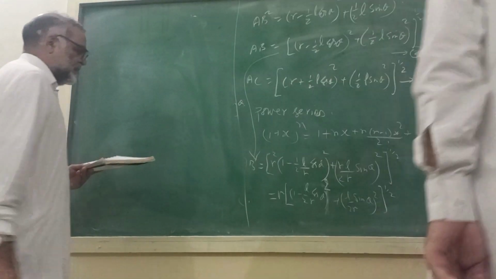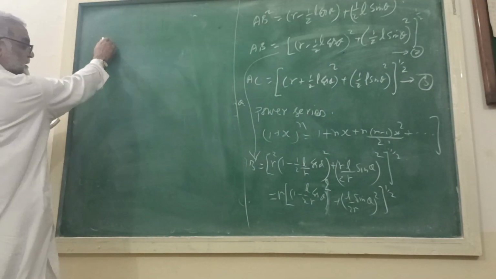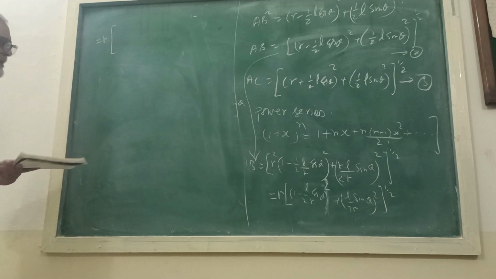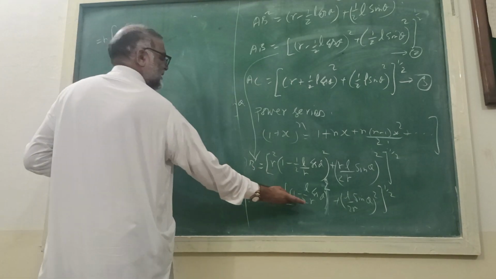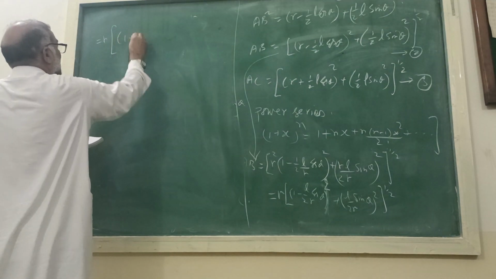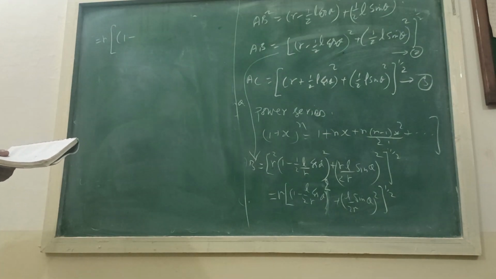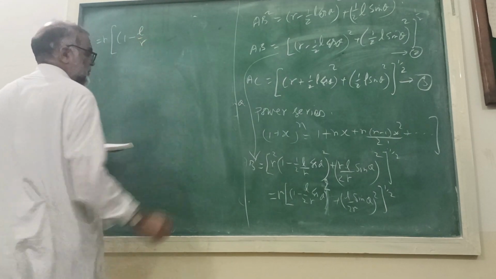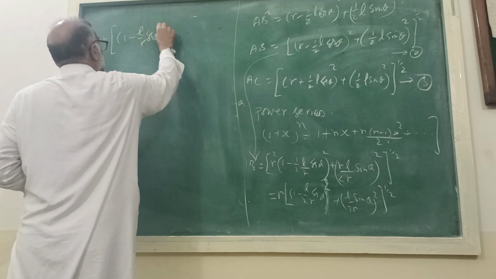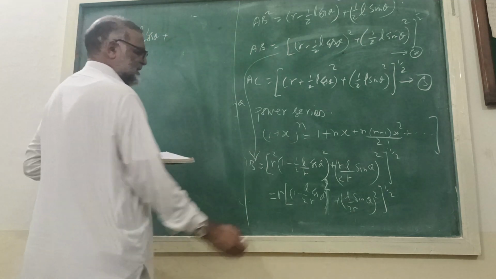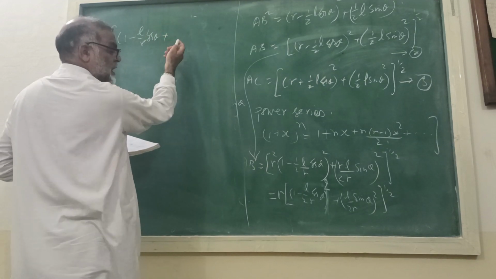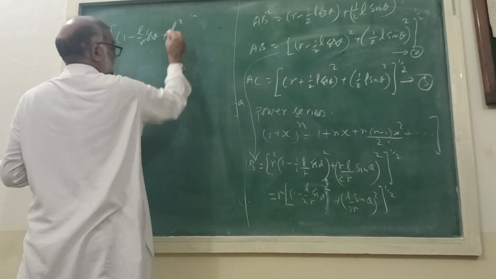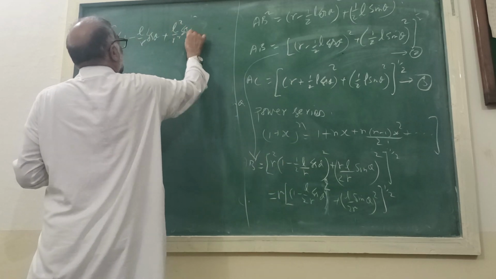Further, if we go further, right, we can write that A is equal to R. Then when we write 1 minus 2 times L over R cosine of theta, plus L square by 4R square cosine square theta.